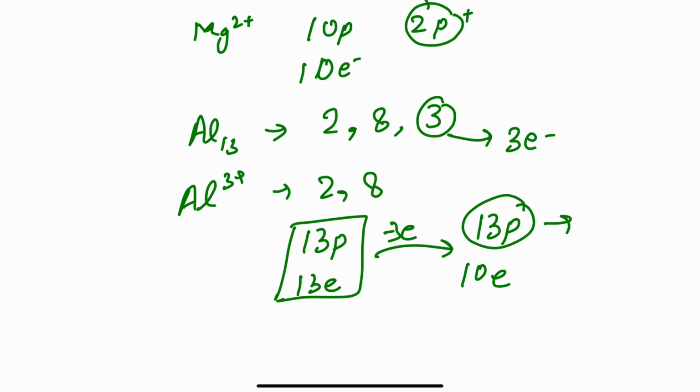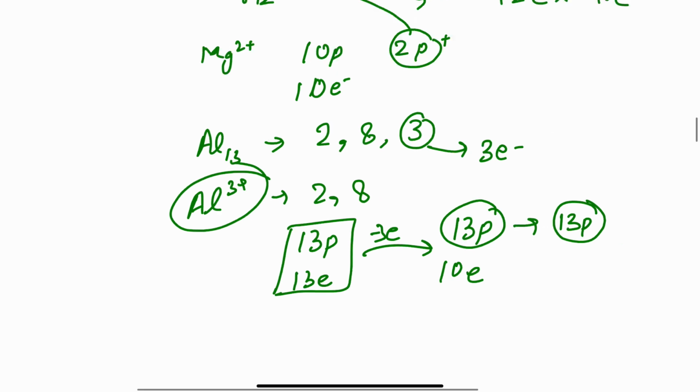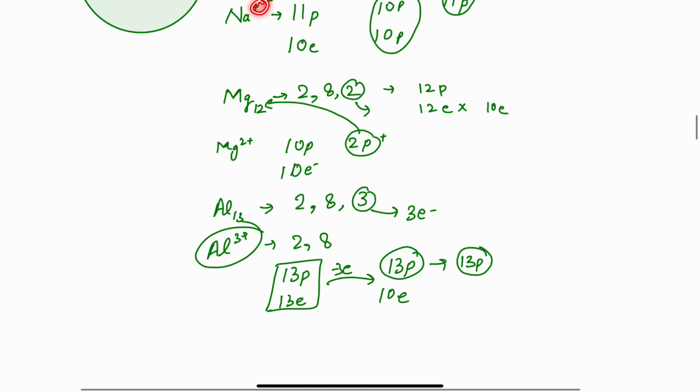Again, we have 3 extra protons, that is 3 extra positive charge, which we are representing here on aluminium. When we study non-metals, I will explain how non-metals have negative charge. I hope you understood why we put this positive 1, positive 3 on certain elements.